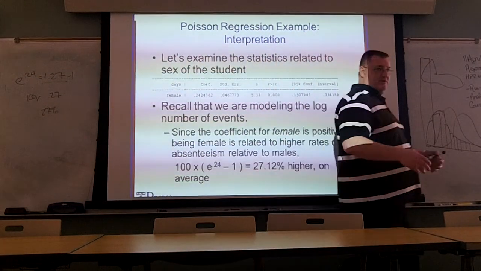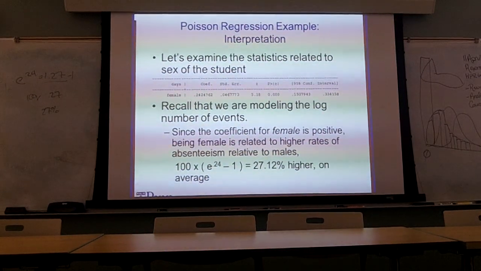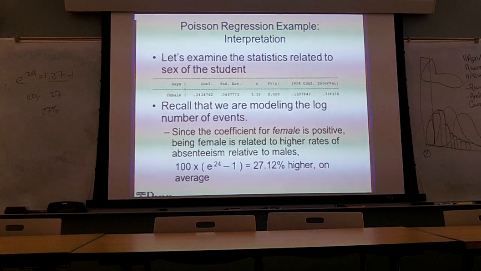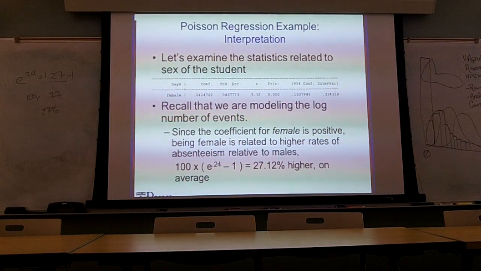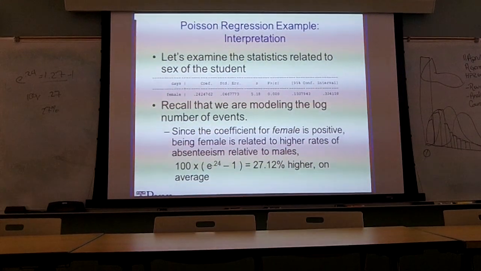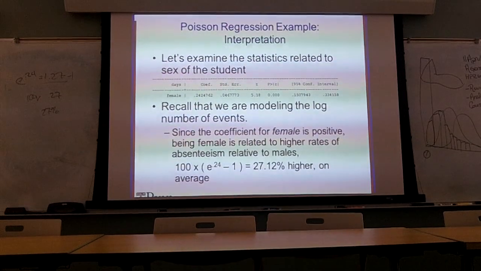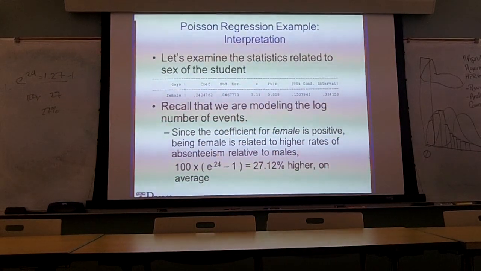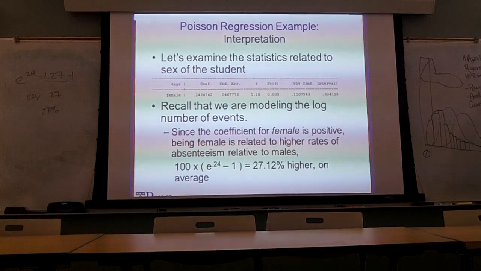You believe me now that all of this stuff is the same? It's all the same. Good. So when you report these, like in a table, the appropriate name for that 1.27 is a relative rate, the expected effect on number of days missed for a female as compared to a male.